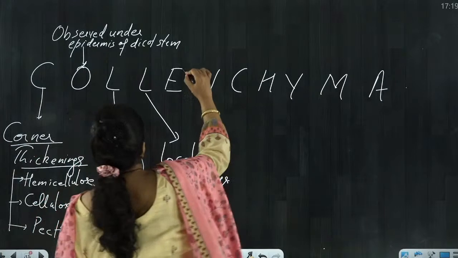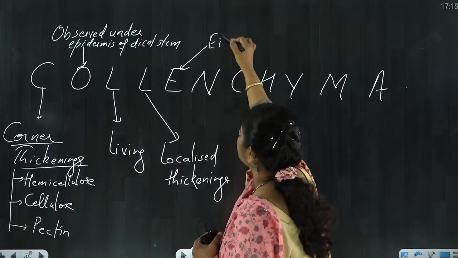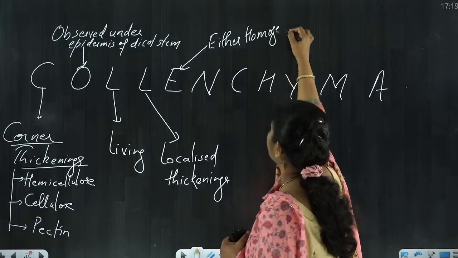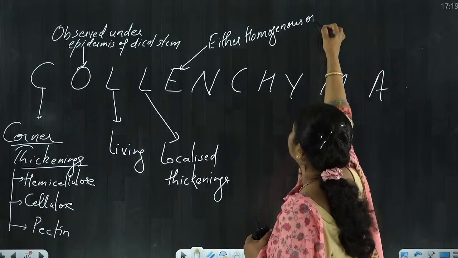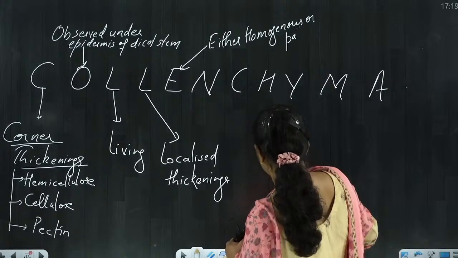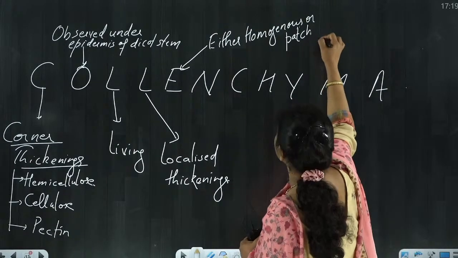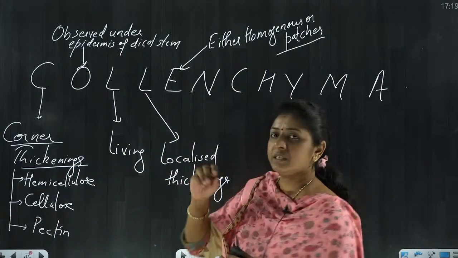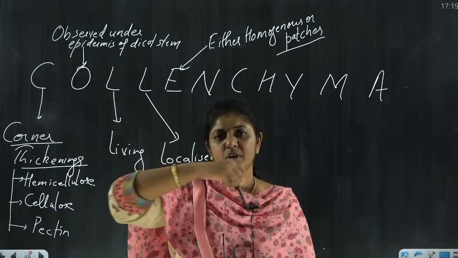And E here I will take it like it will be either homogeneous or in the form of patches, or patches better I must say. It is going to be in the form of patches, meaning discontinuity is there, right? Homogeneous means a complete layer is there.